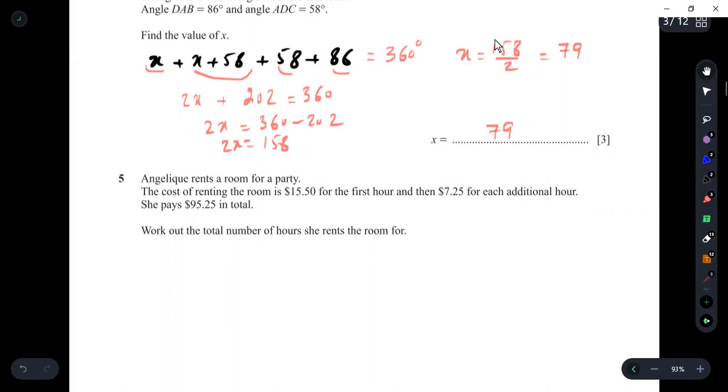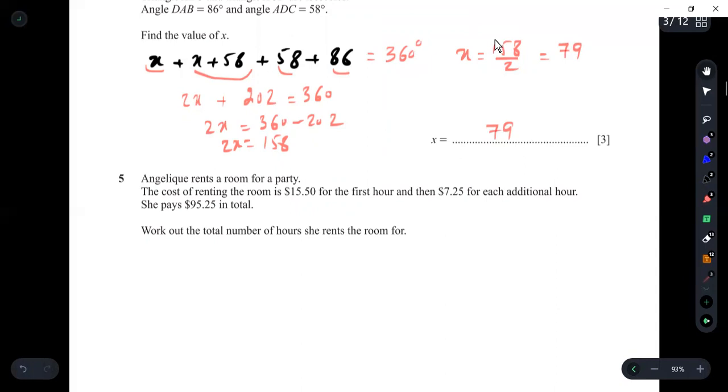So first of all, we read it carefully to know the formula to calculate the total cost for renting a room. The cost of renting a room is 15.50 for the first hour and then 7.25 for each additional hour.